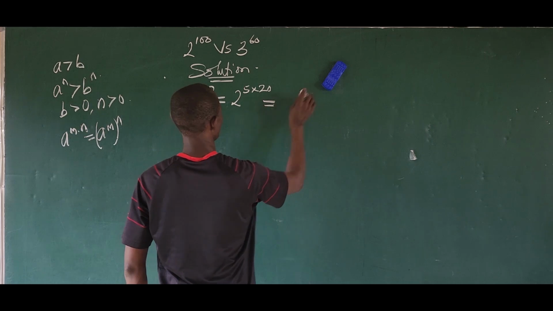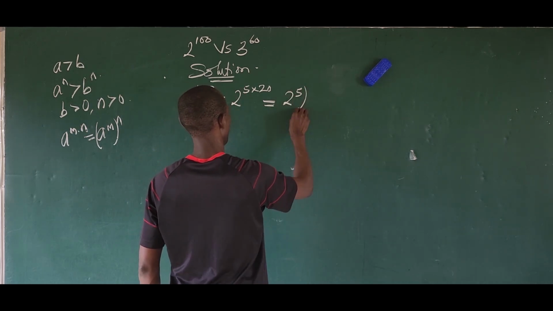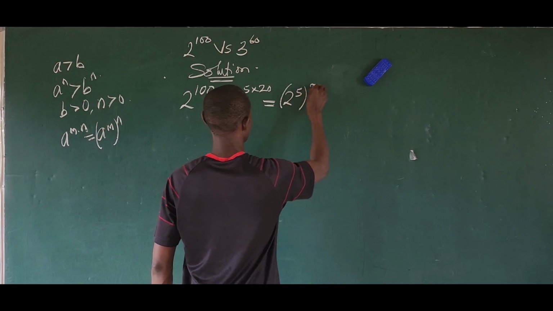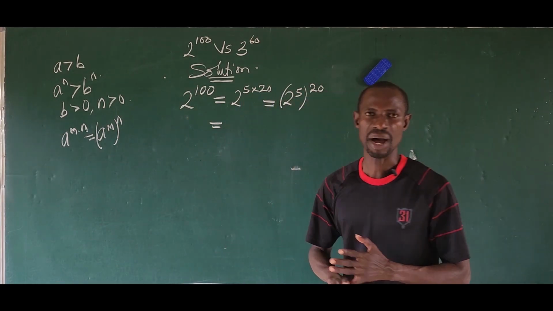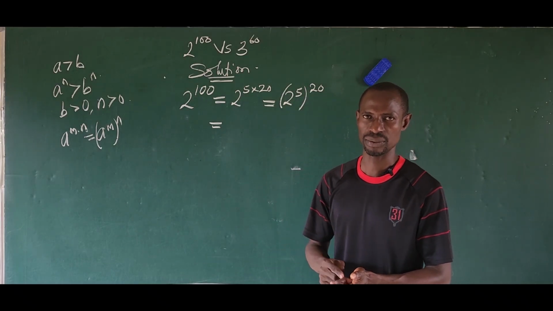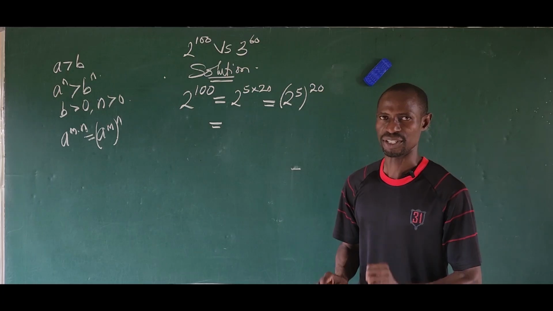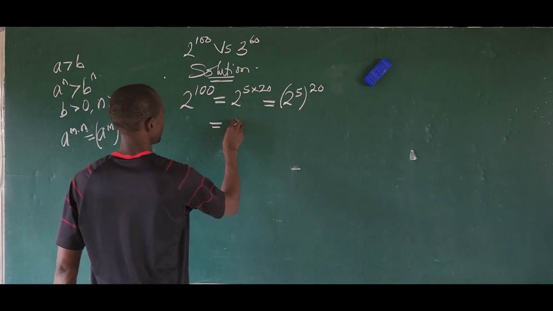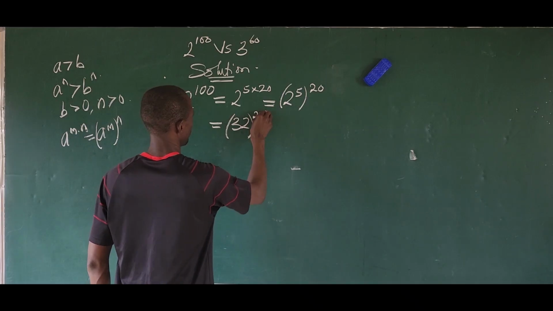And so this could be written as 2 to the power of 5, all raised to the power of 20. All right. So from this, what is 2 to the power of 5? It means 2 times 2, which is 4, times 2, 8, times 2, 16, times 2 will give us 32, right? So we're going to have this to be 32 all raised to the power of 20.